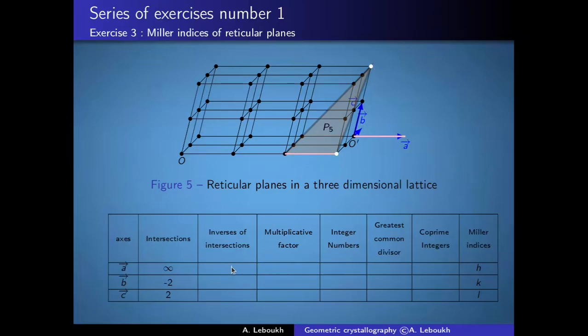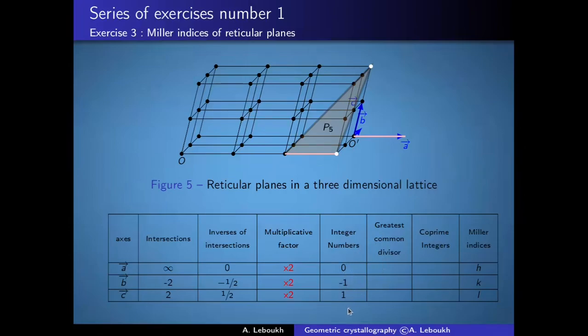Now we take the inverse of these intersections, and we find 0, -1/2 and 1/2. We take as multiplicative factor the number 2 because we have here one half, and we determine the integer numbers which are 0, -1, 1.